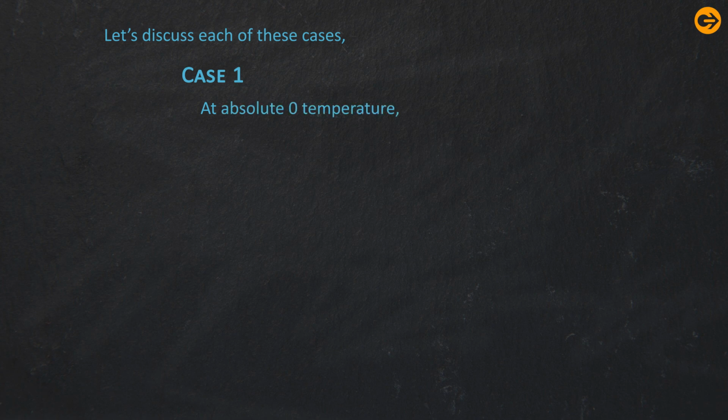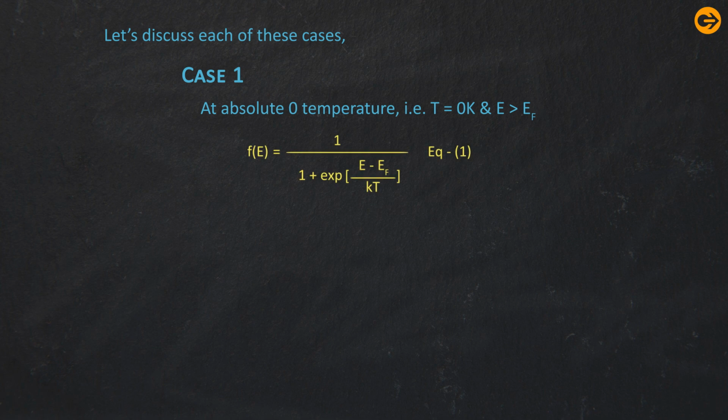Now, for different cases of absolute temperature, the position of Fermi level is different. Let's discuss each of these cases. For case 1, at absolute zero temperature, that is, T is equal to 0 Kelvin and E is greater than Ef, putting the values in equation 1, we get E minus Ef by kT is equal to infinity.